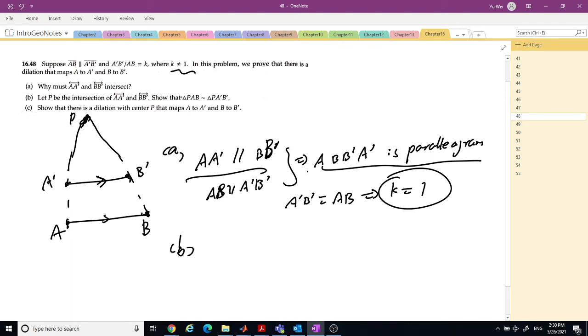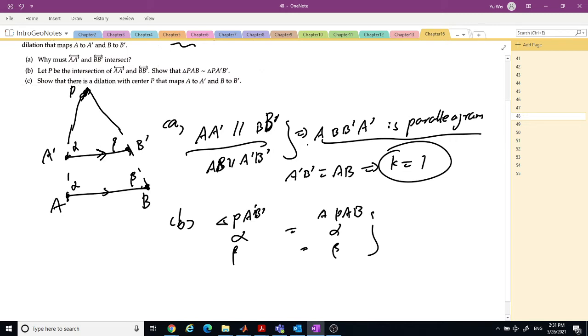So we can prove that because these are parallel, so alpha, alpha, beta, beta, right? So you know the two triangles, right? The triangle PA prime B prime and the triangle PAB, you know alpha equals alpha and beta equals beta, then they are similar. Okay.